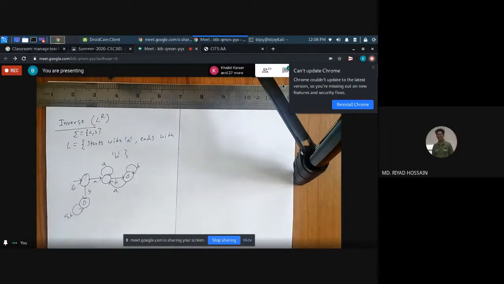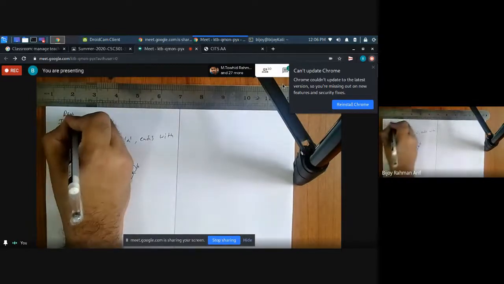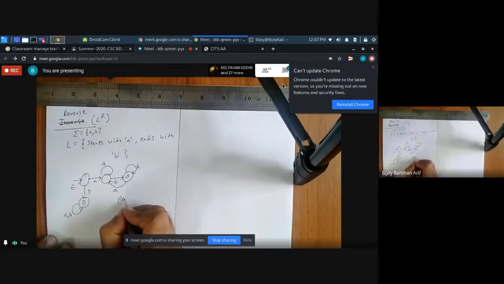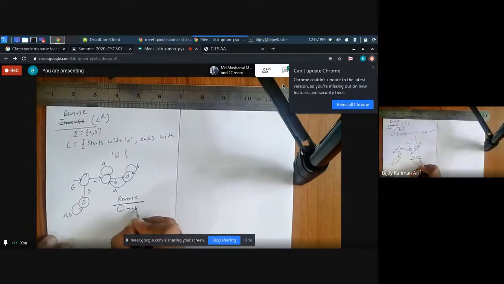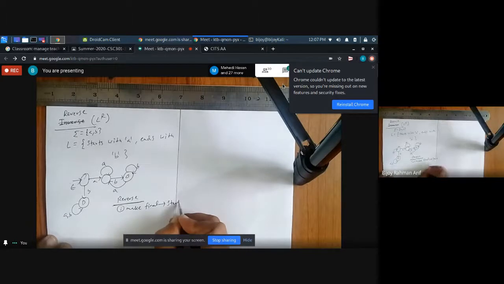Yes, sir. Inverse, it is not called inverse, let's call it reverse. Inverse is different. Reverse. So what would be the procedure for reversing a finite automata? Reverse of a finite automata is: number one, make the final state a start state and the start state a final state.